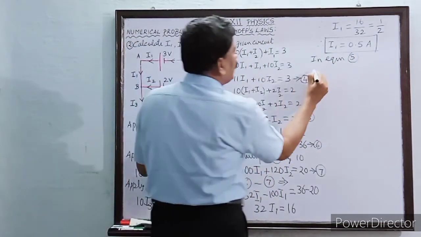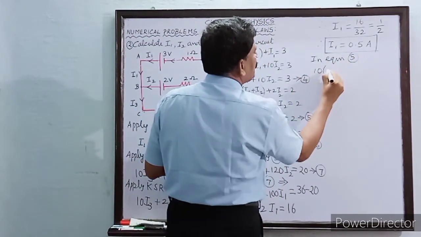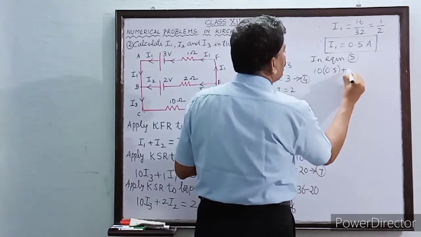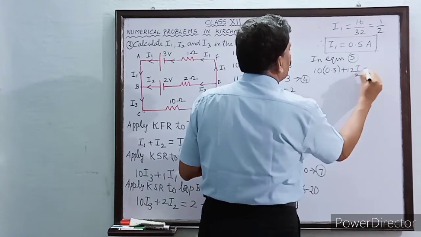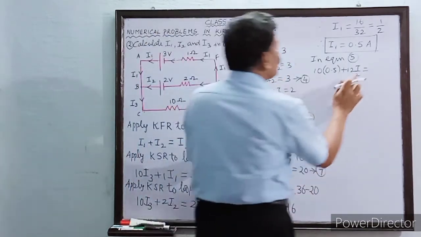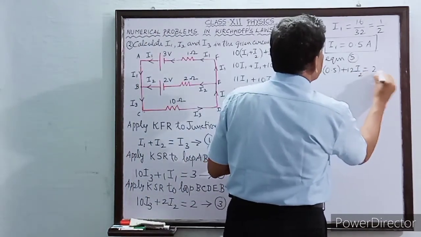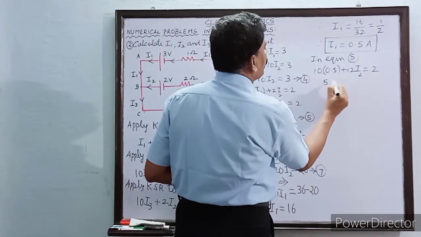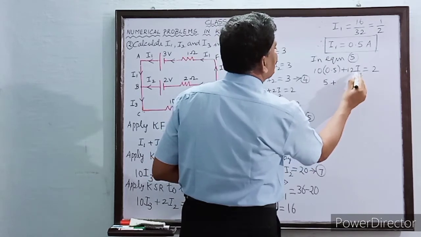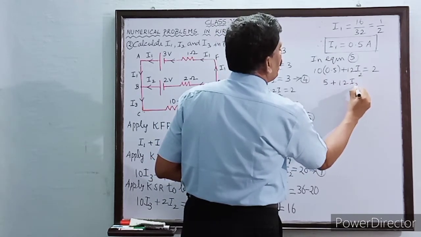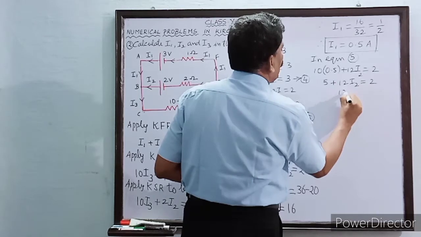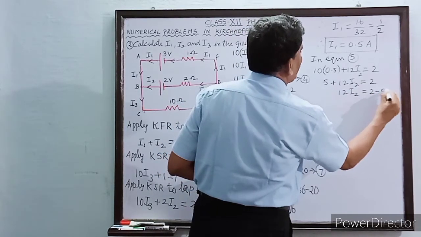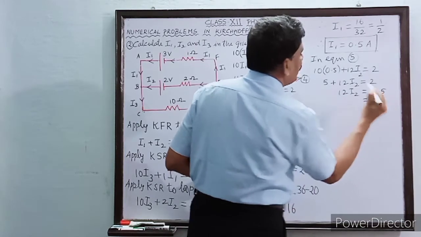So 10 into I1, 0.5, plus 12 I2 is equal to 2. So 10 into 0.5 is 5. So 5 plus 12 I2 is equal to 2, or 12 I2 is equal to 2 minus 5, that is equal to minus 3.